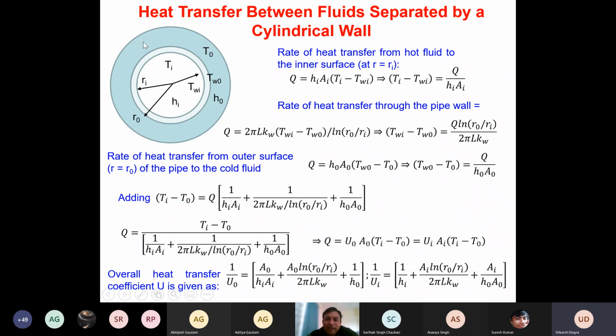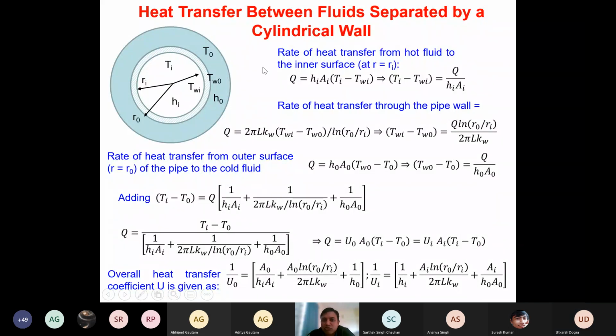Okay, now we are looking at this entire system. The same argument we are making again, the same argument which we made earlier. That argument was that the heat transfer between this inside fluid and this metal wall is going to take place by convection, isn't it? Do you all agree? Yes, sir. Because this fluid is moving. So the heat transfer from this fluid to this metal wall will be by convection.